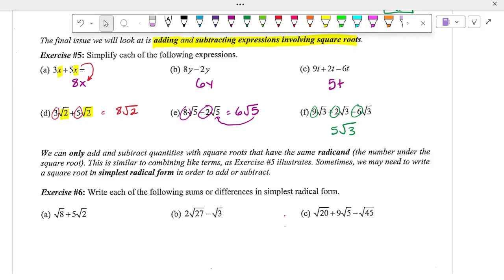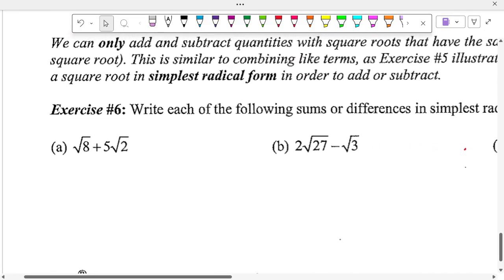The same cannot be said about radicals because we know we can simplify radicals. So in other words, sometimes, say if we look at letter A, we can simplify a radical so that we have the same number under the radical and then we can add them together. So for letter A, which radical do you think I could simplify?